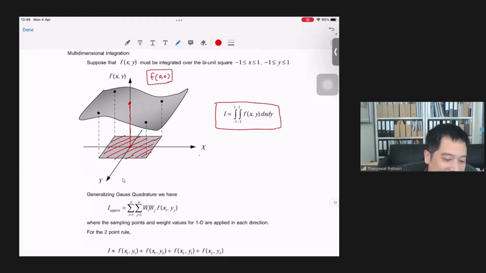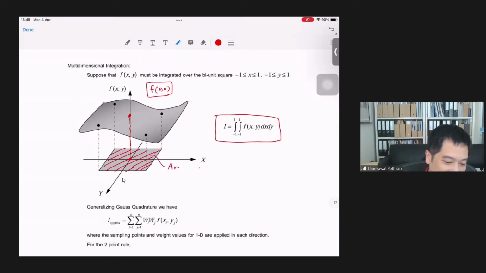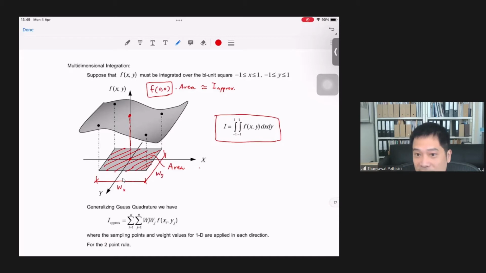So you multiply with this area right here to get the approximate integral. And how do you obtain the area? You obtain it from multiplying this width right here in x direction with this width right here in y direction.